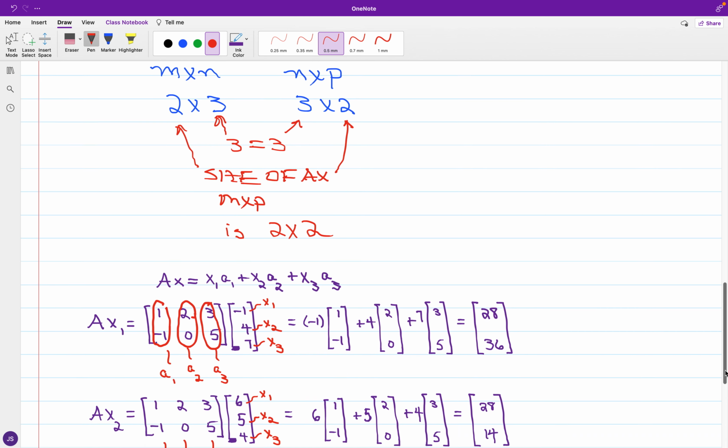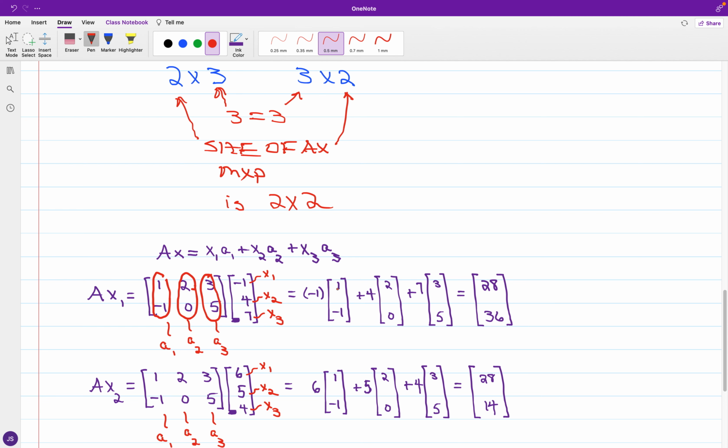Distributing, we have -1, 4 times 2 is 8, -1 plus 8 is 7, 7 times 3 is 21, and 7 plus 21 comes out to 28.